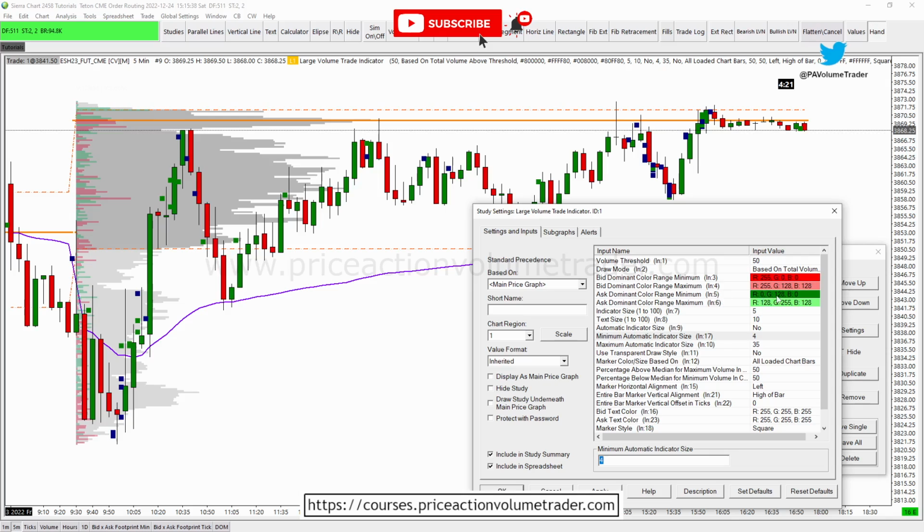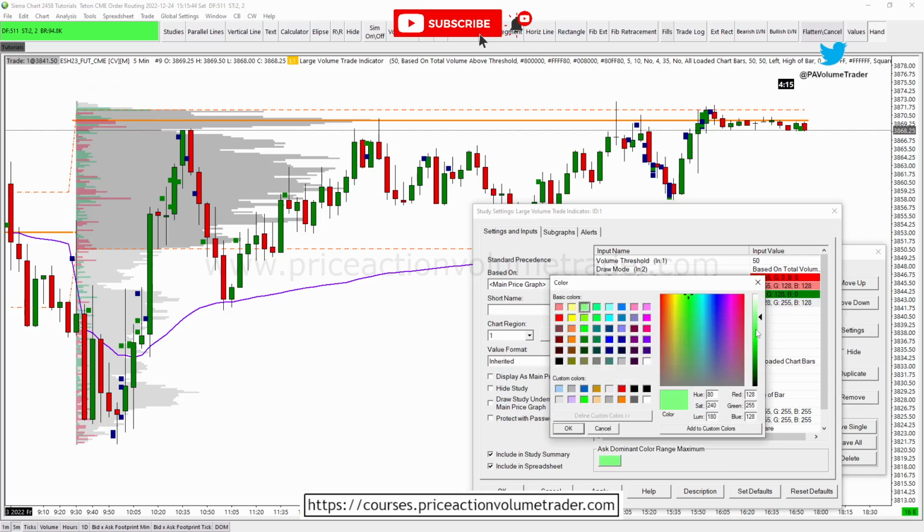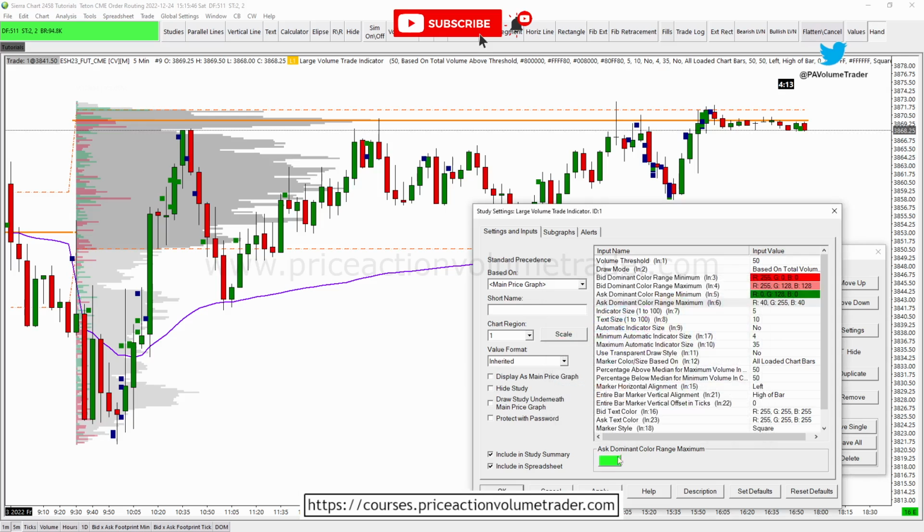And then on the ask, we know this is aggressive buyers, so I'm just going to leave these colors the same as they were, green, and then a little shade of green. Okay? So now I hit apply, and now you can see we have red squares for the aggressive large orders or large trade volumes over 50 to sell, and green to buy.